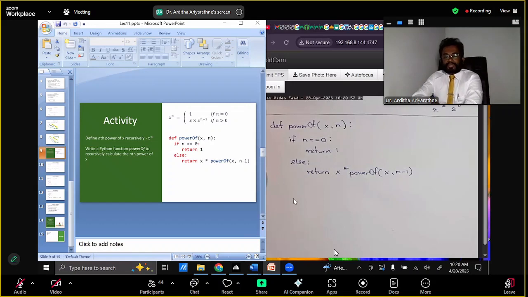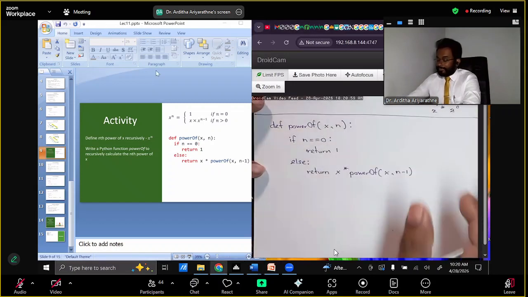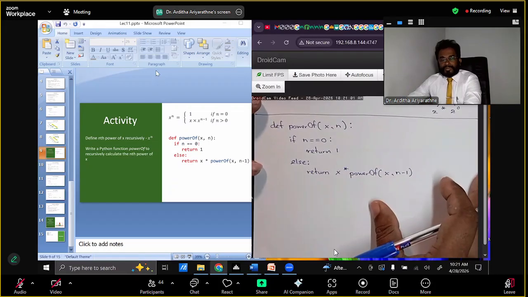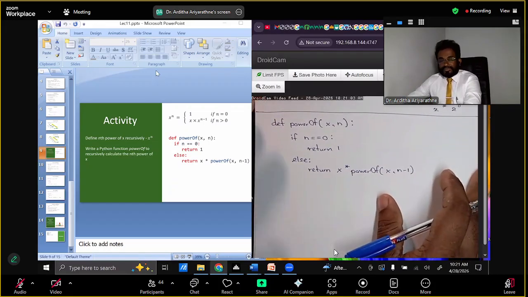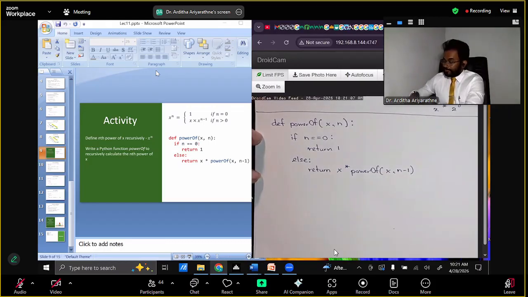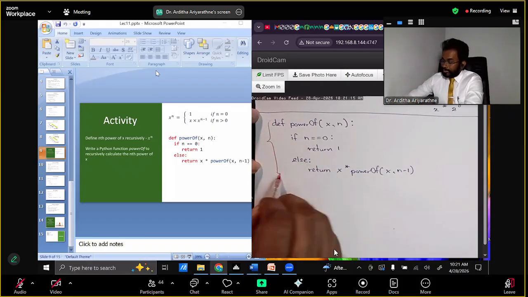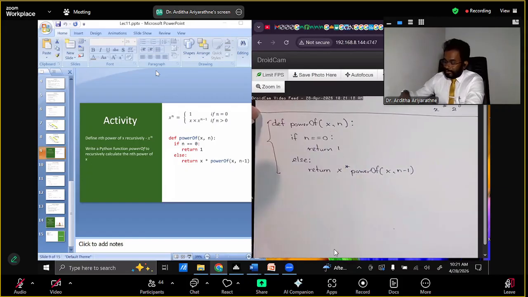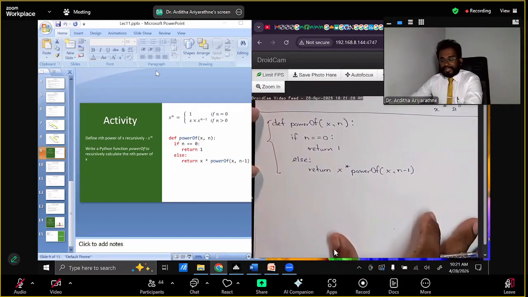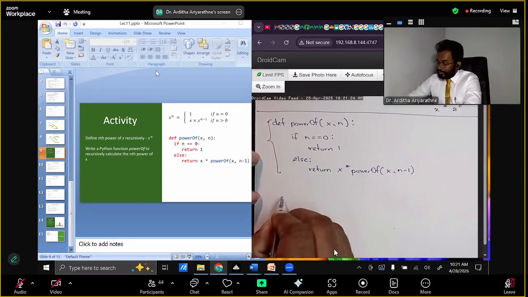Now I am going to try this program, because we are going to call this function with some value. This is the function part up to this point. Now we are going to call this function, other than that, this is not working. How to call this function?